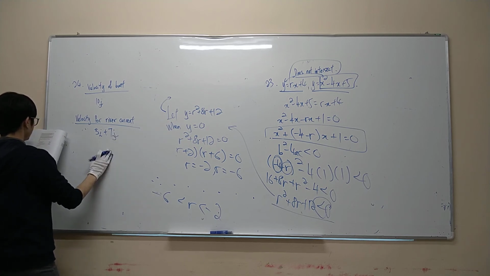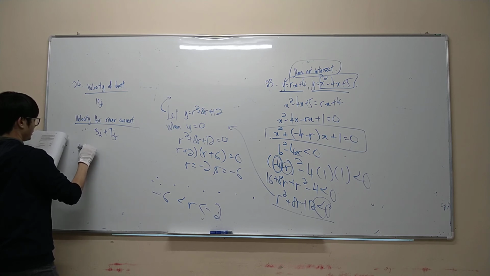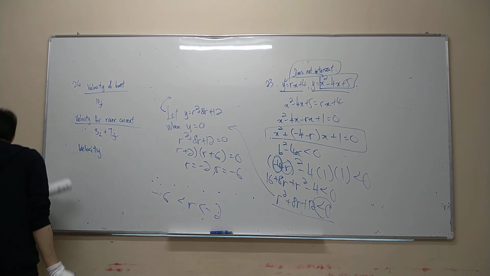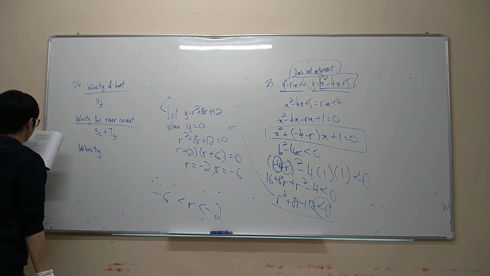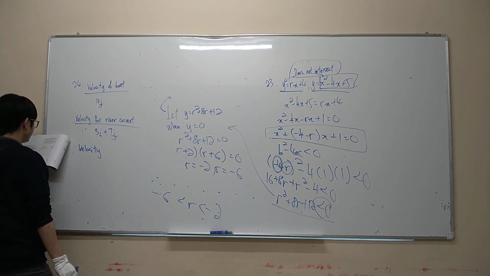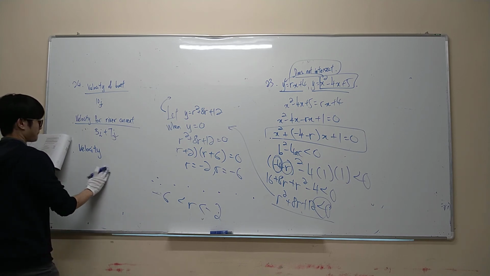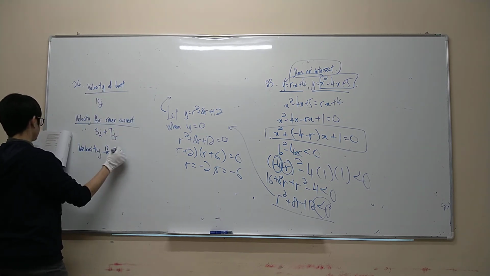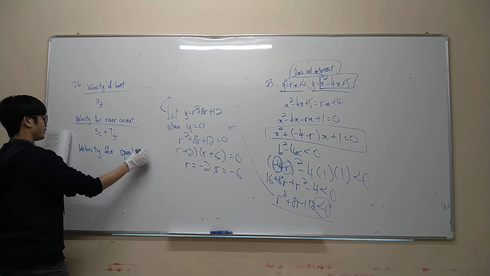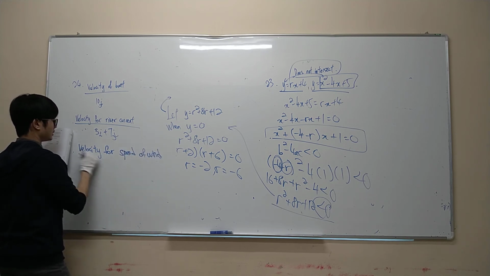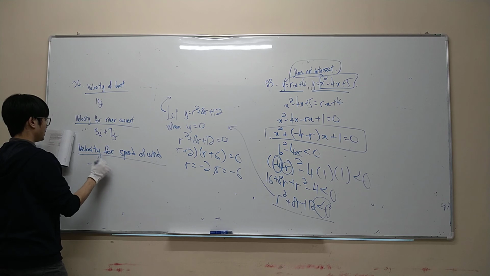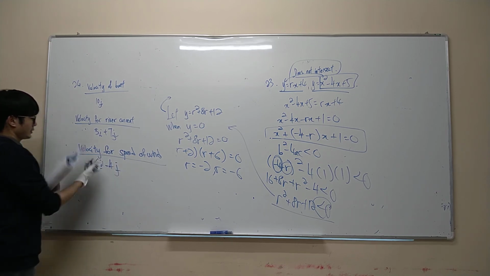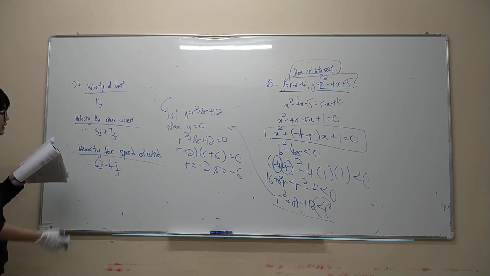And then for the speed of wind, the velocity is negative 6i minus 4j. Okay, wait, let me think about this.